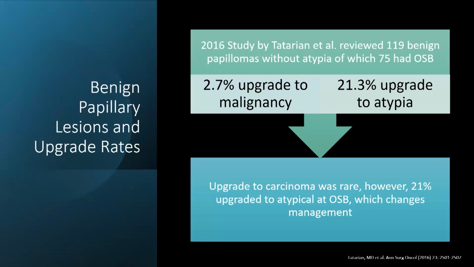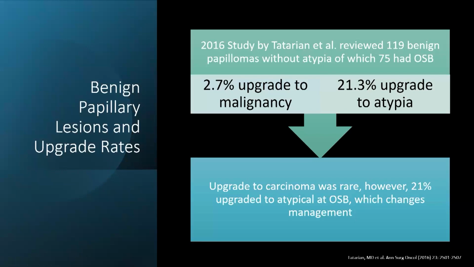Well, a study by Tatarian looked at 119 benign papillomas. We know that if they do have atypia, there is a high risk of cancer. But how about if they don't have any atypia? So 119 benign papillomas. This was a study done in 2016 and published in the Annals of Surgical Oncology.